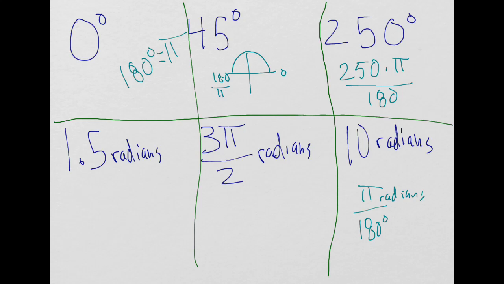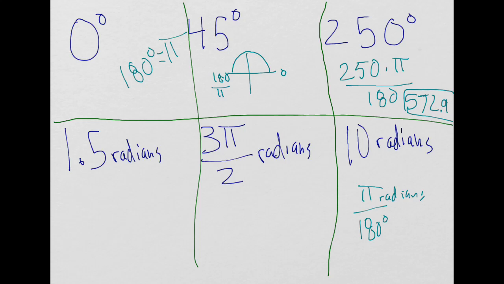So literally just type that into your calculator. 250 times pi divided by 180, and you should get the number 572.95. And again, our units now are radians.